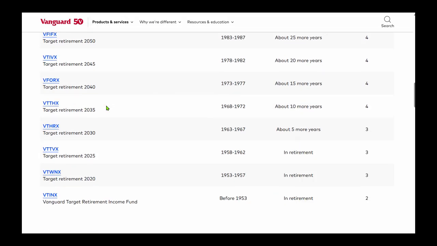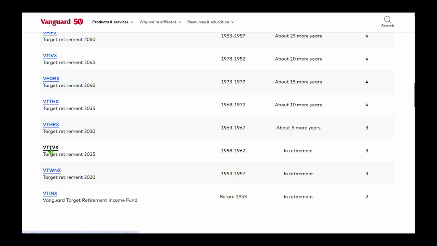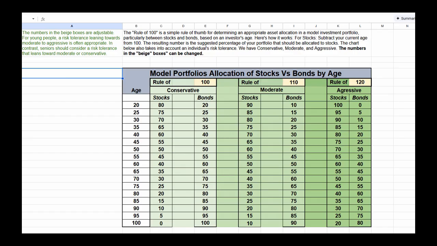let's look at 2025. Well, what would you expect that to look like, 2025? Well, if you pull up our portfolio allocation of stocks versus bonds by age, let's assume that you're retiring at age 65.